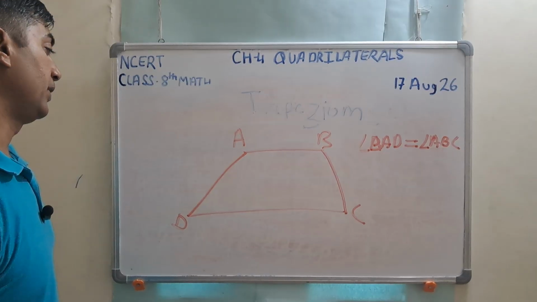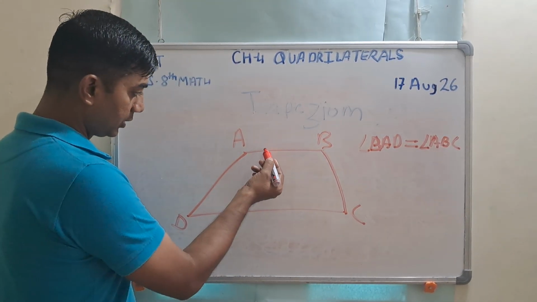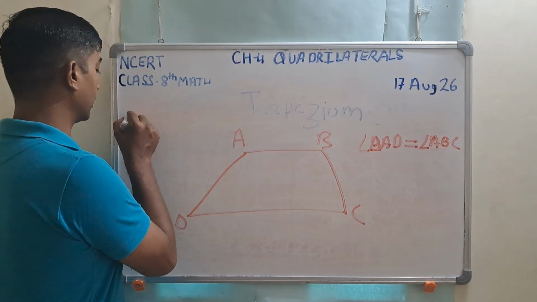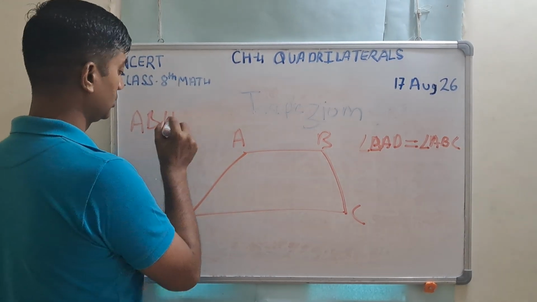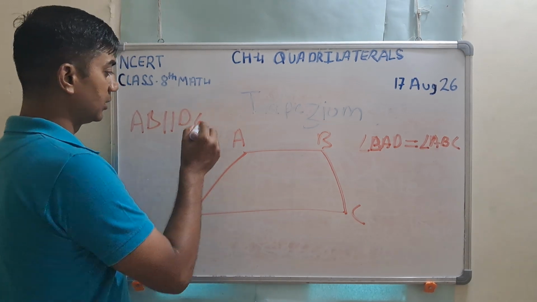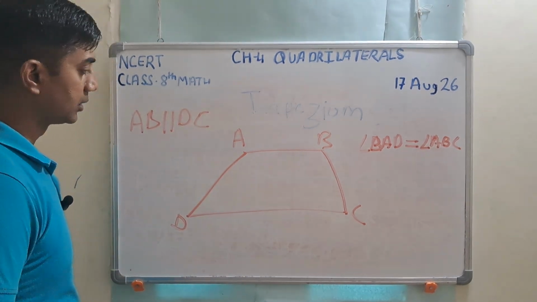Understood? So what we can conclude is that since AB is parallel to DC, that is the mandatory requirement of a trapezium.